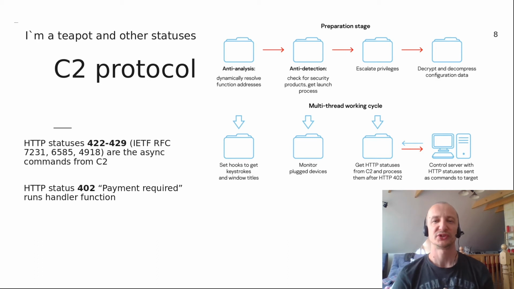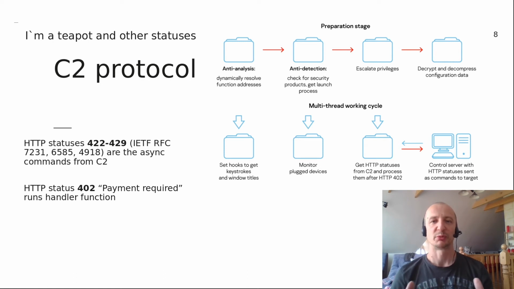During the preparation stage, all the needed steps are done: anti-analysis tricks, dynamic resolution of the needed API function addresses, some anti-detection tricks, escalation of privilege, and decryption of the configuration data. So quite a routine task that every properly written malware needs.